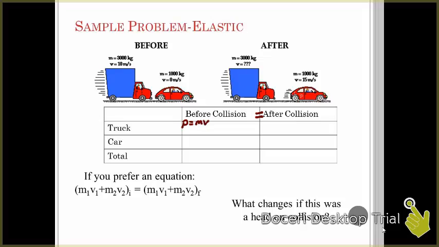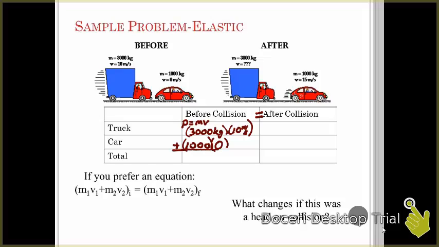The truck has a mass of 3,000 kilograms and a velocity of 10 meters per second. That gives us a total of 30,000 kilogram meters per second. The parked car has a mass of 1,000 kilograms, but it's not moving, so it has 0 momentum.